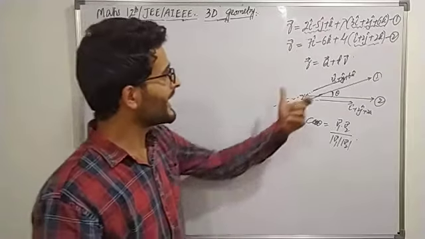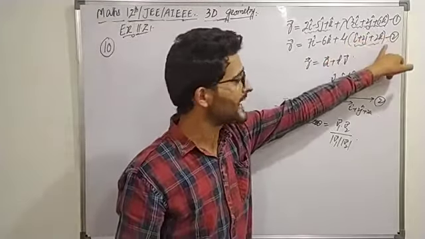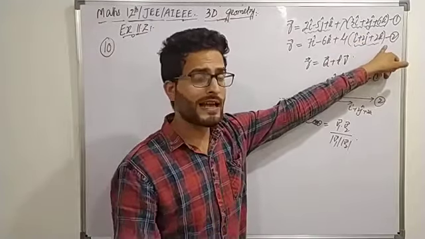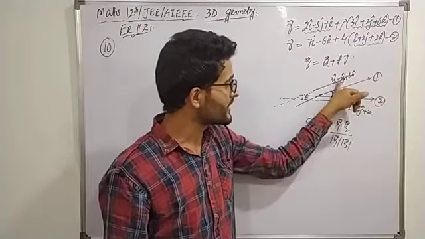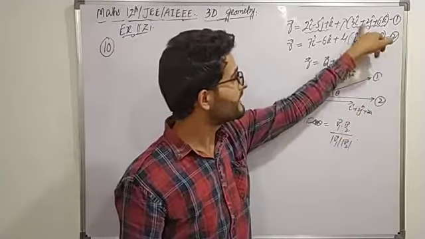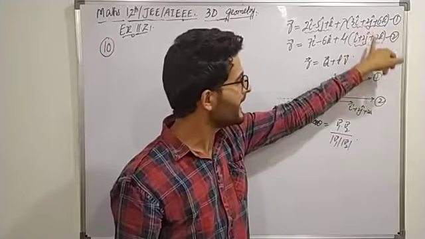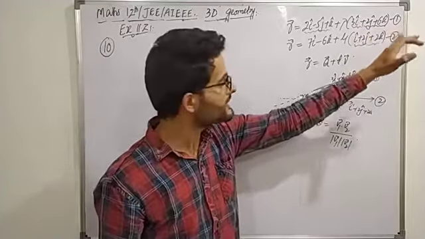So if theta is the angle between the first line and second line, then theta is the angle between their parallel vectors v1 and v2, where v1 is 3i plus 2j plus 6k and v2 is i plus 2j plus 2k.